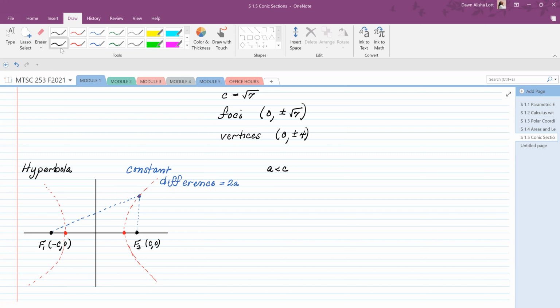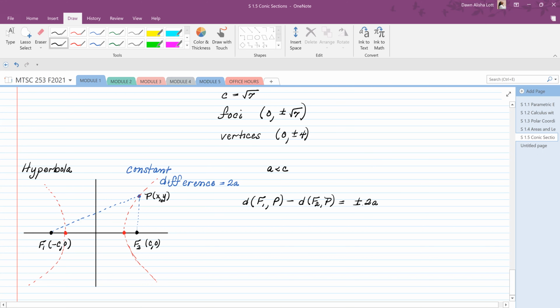So this is my point P. So the distance from P to F1, from F1 to P, minus the distance from F2 to P, I want that to be plus or minus 2A.